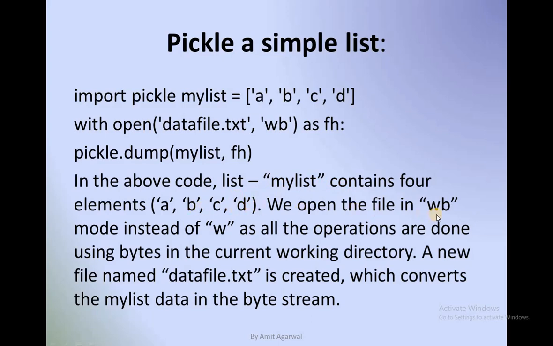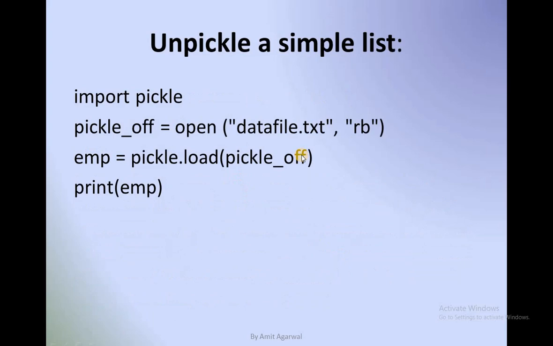We open the file in wb mode, and then we are dumping the list into the file that we have created. Similarly, in order to unpickle a list, we have to use the module pickle. We don't have any unpickle module, we only have the pickle module. Load and dump are part of the pickle module, and then the entire code works and we get our data.